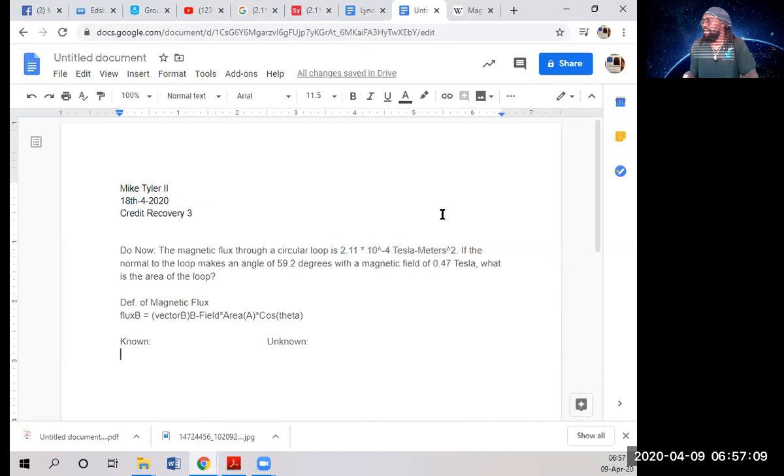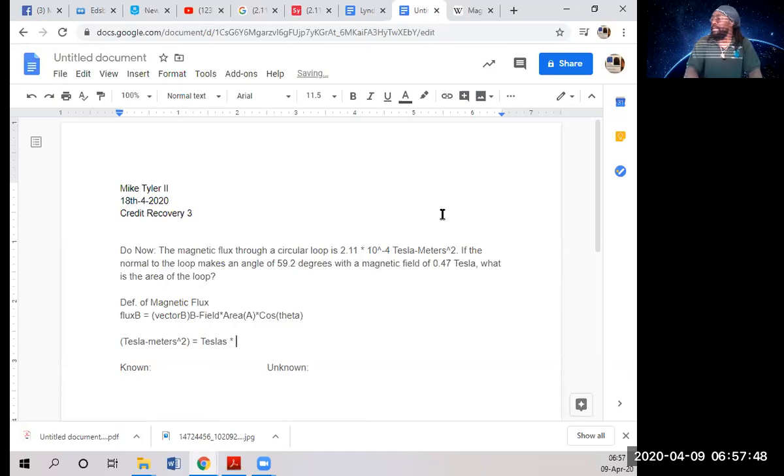So if we look at our known values and this equation, come down a little bit. This is what we'll try to explain, the dimensions for dimensional analysis purposes. If I broke this equation up, our flux is always measured in Tesla meters squared. And this will be equivalent to your vector B or B field, which in this case is always measured in Teslas.